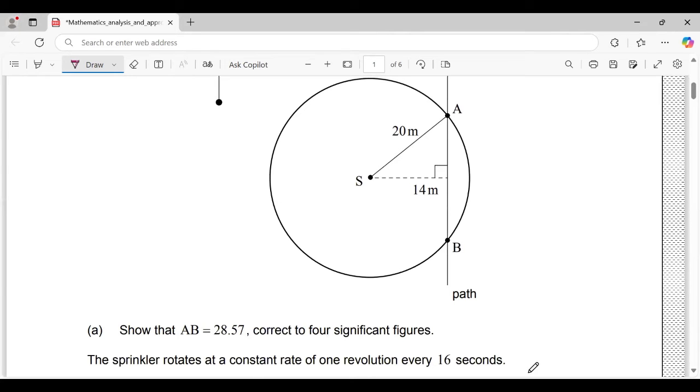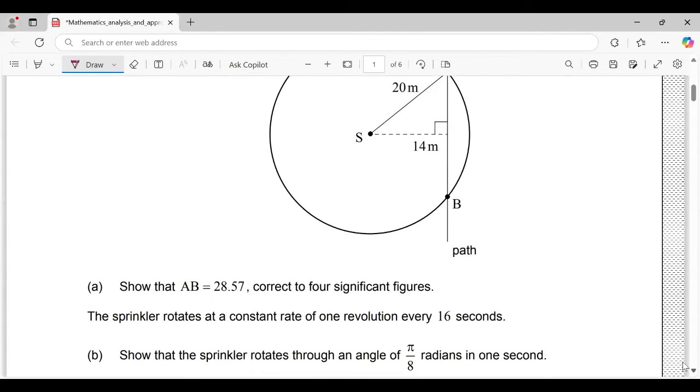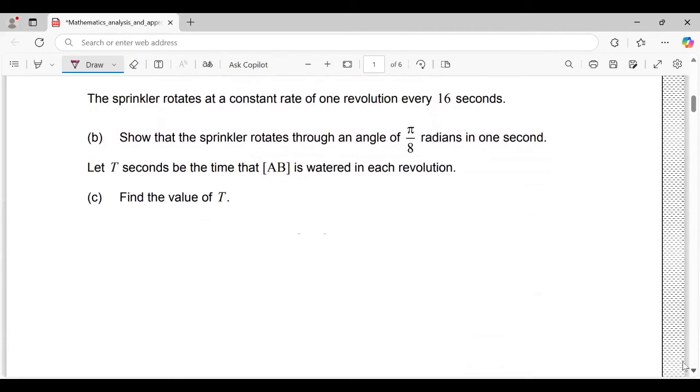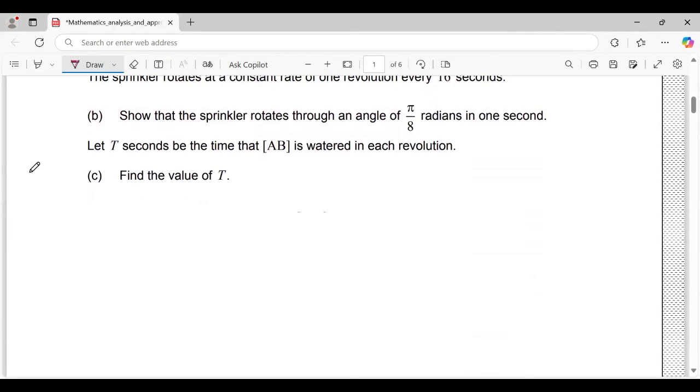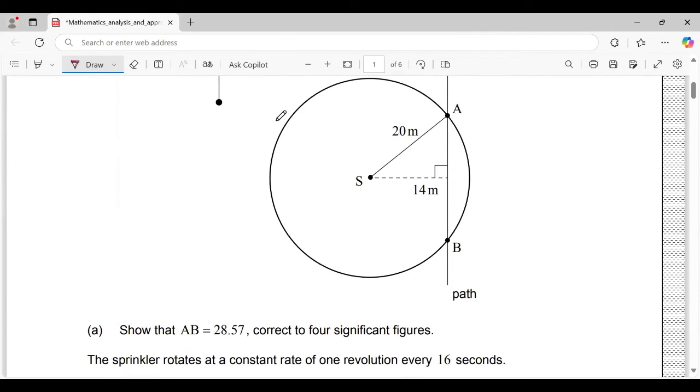Right. Part A. I will create this triangle, a right triangle. This is S, and this is A, point S, point A. I'm going to check the distances first, 20 and 14.